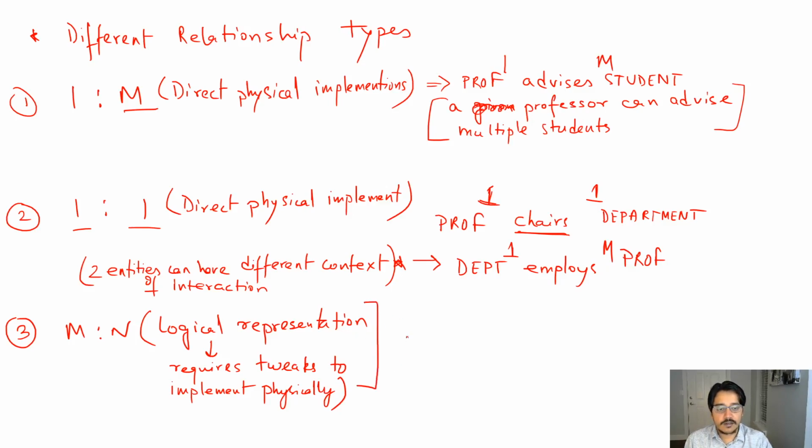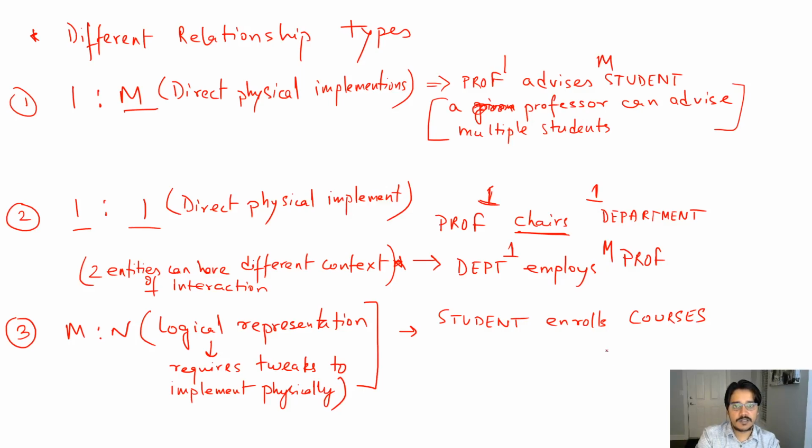Okay. So now finally, an example for m is to n logical representation. What will be a good example of m is to n representation? That is, m units of a given entity are associated to n units of another entity. The example for that is going to be student enrolls in courses, or registers for courses.